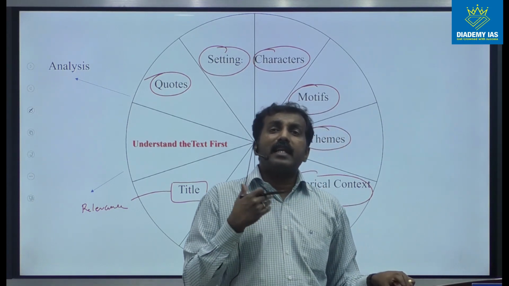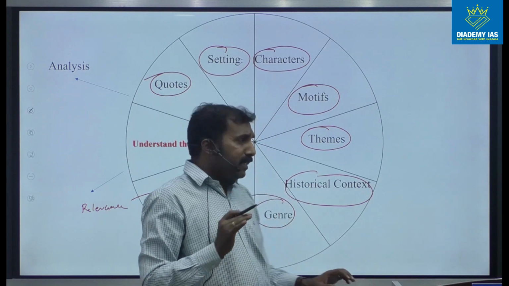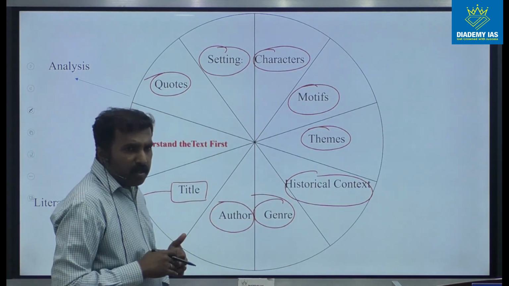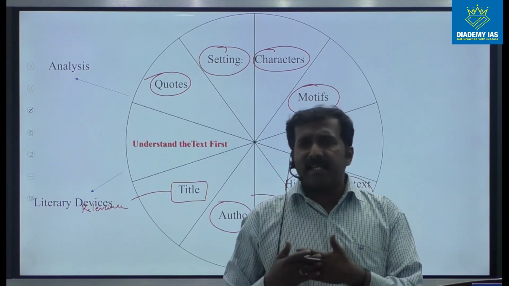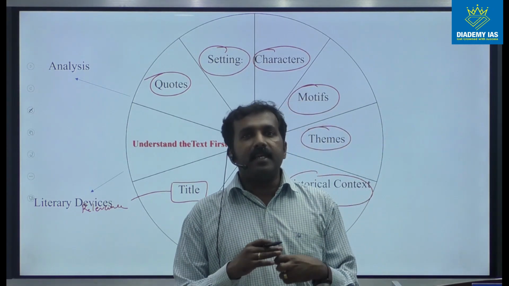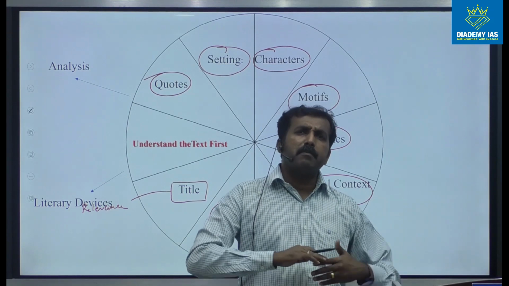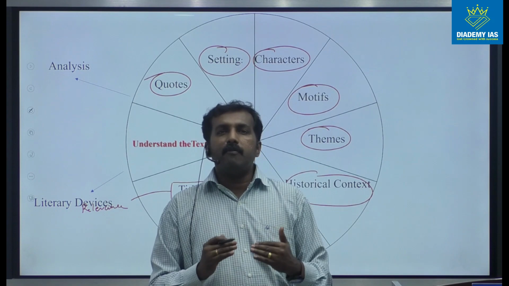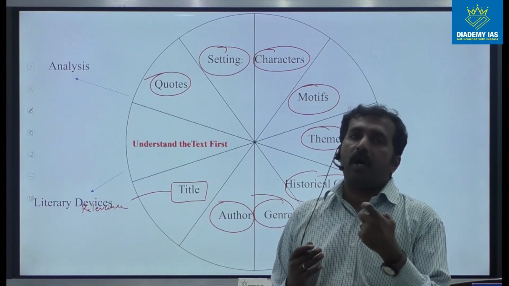How you can analyze that particular work with the help of all these, including devices: metaphor, simile, foreshadowing, different devices we can see in literary works. From drama, novel, poem, everywhere we can see. So based on this, you have to prepare your notes for English literature optional.